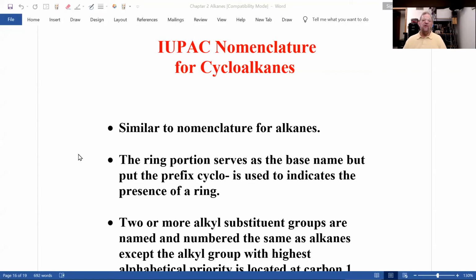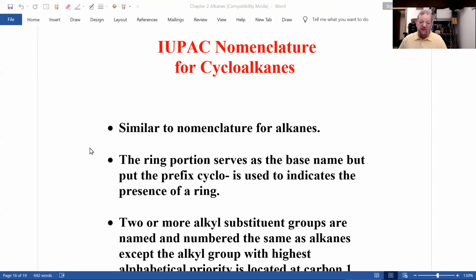Let's move on to rings. In case you don't know, Dr. White and Mother Nature love rings. I really do. Now, when we talk about the cycloalkanes rings, it's similar to nomenclature for alkanes.